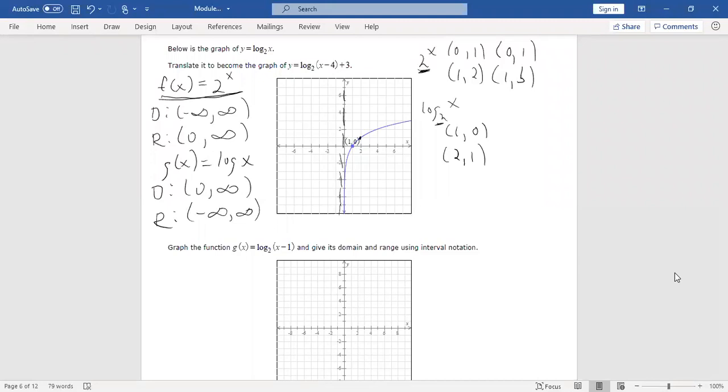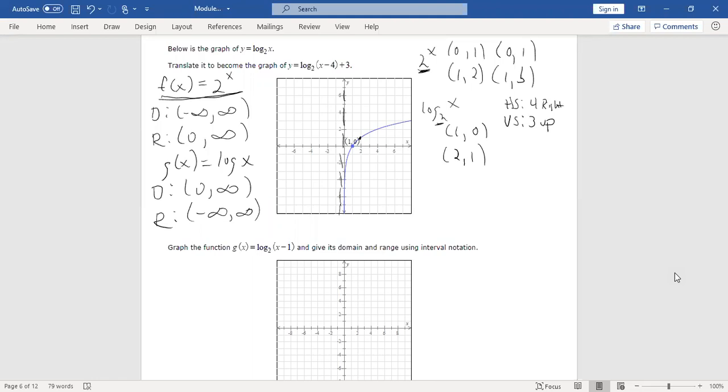Okay, so now with the transformation, we have x minus 4, which means we're going to have a horizontal shift, because of values being added or subtracted directly to the x, of 4 units to the right. Remember, it's opposite. So if it's minus, it's going to be to the right. And since we have plus 3, we're going to have a vertical shift. So our graph's going to shift up 3 units.